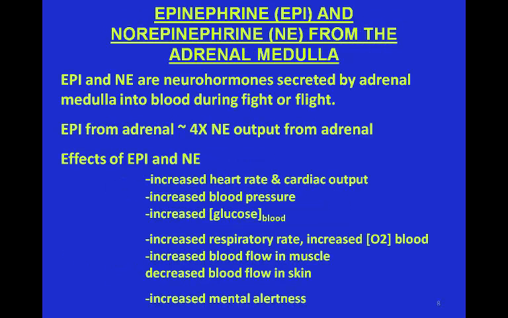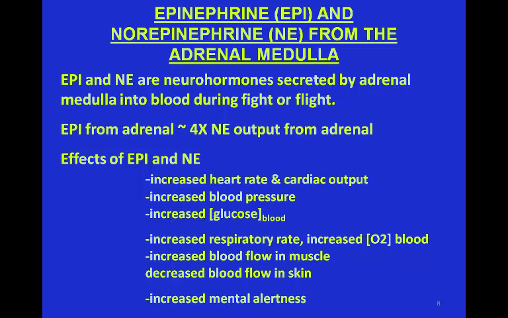Now, the adrenal medulla, the middle part of the adrenal gland, is a totally different type of tissue altogether. It secretes two hormones, epinephrine and norepinephrine. These are actually called neurohormones because not only do they travel through the blood to get to their sites of action, but they are also functioning neurotransmitters in which they're released by nerve terminals onto synapses.